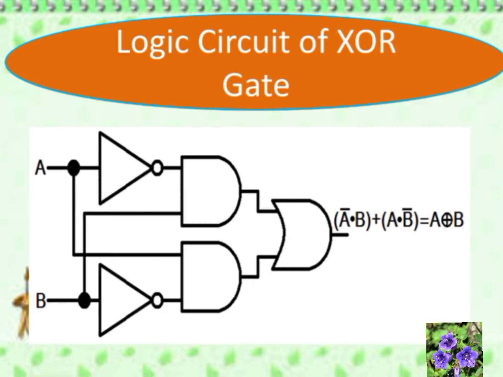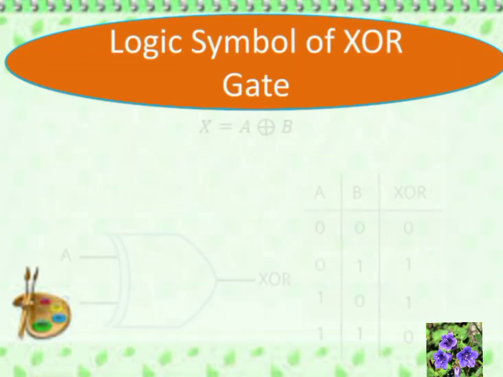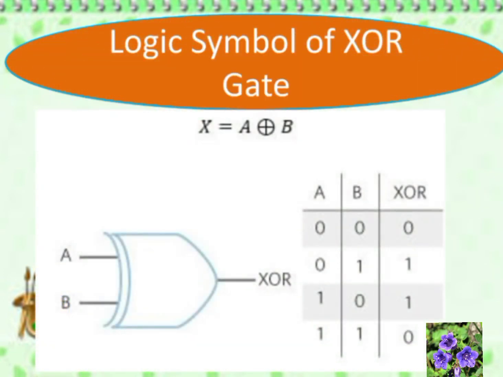In this equation, the first AND gate gives A bar dot B, and then A dot B bar. From both AND gates, we take the output lines and join them to the OR gate, and it becomes the exclusive OR gate.